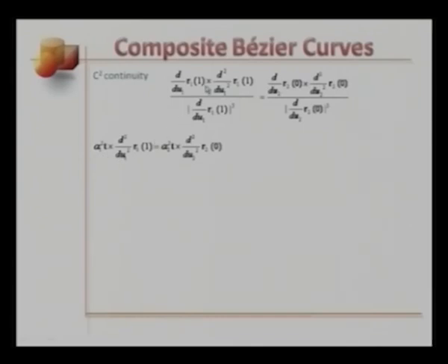So this term here can be simplified to alpha 1 squared times t crossed with the second derivative of the first Bezier segment evaluated at u1 equals 1, and this would be equal to alpha 2 squared times the unit tangent at the junction point crossed with the second derivative of the second Bezier segment evaluated at u2 equals 0.